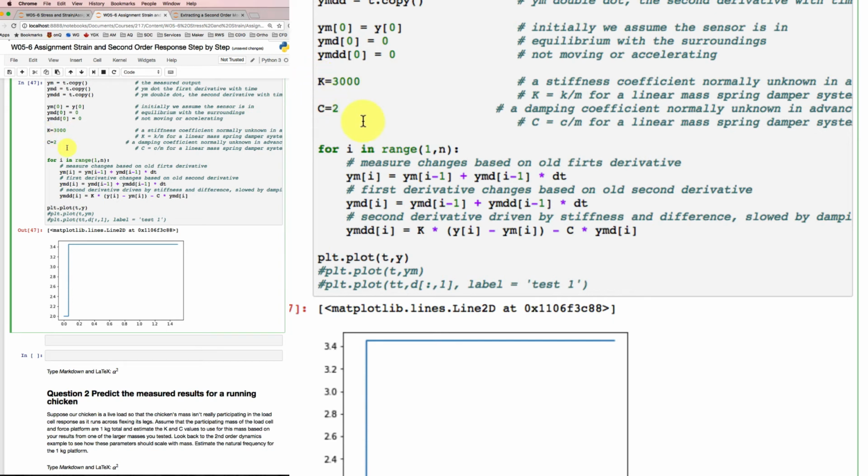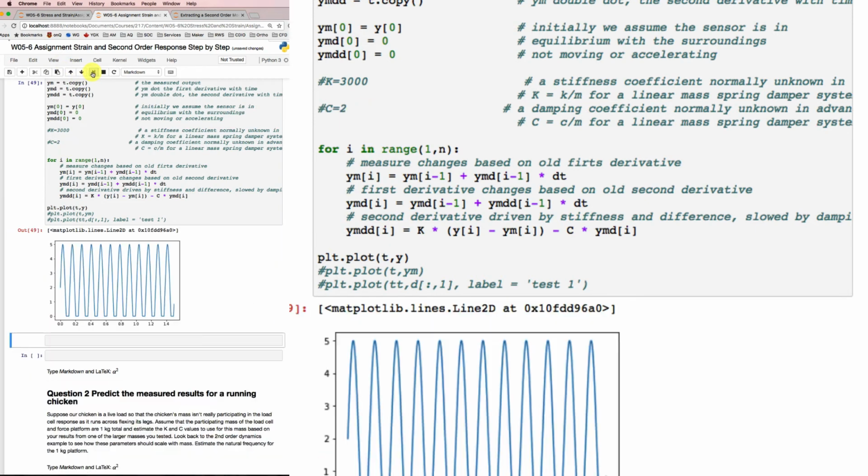And I'll use the different k and c as well that we've got before. So if I run that, well, now there's the forcing function that I've got. It's different from what I had before. And now let's plot out what I get as the output of the model.